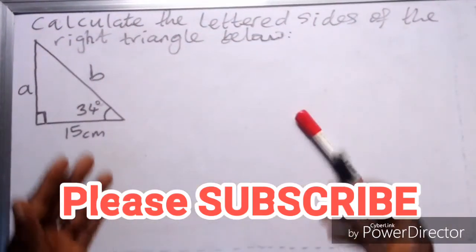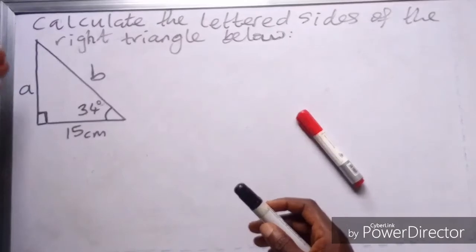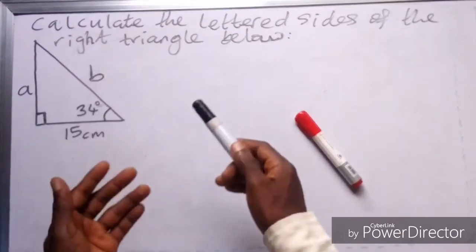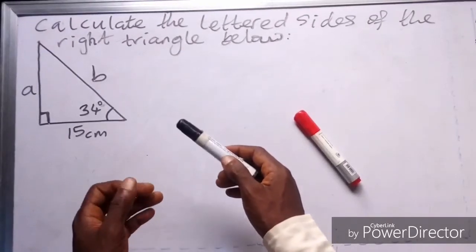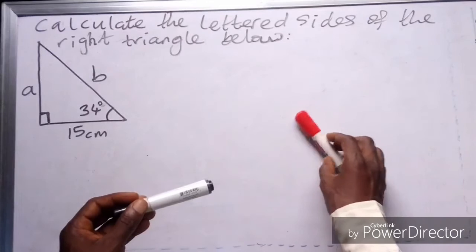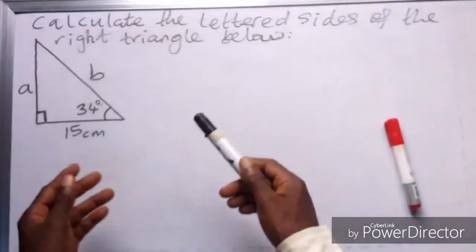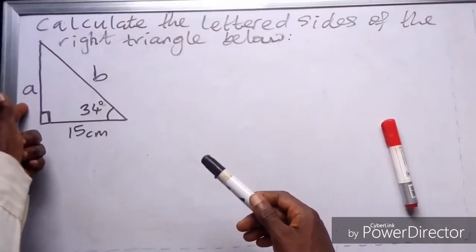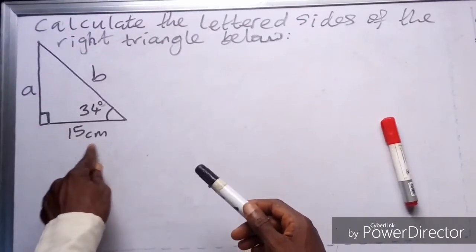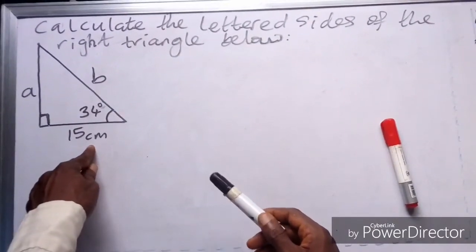Now we can calculate the side A and side B using any of the three trigonometric ratios I introduced in my last video. So for now, let's begin by calculating the side A using this angle 34 degrees and this side 15 centimeters given.